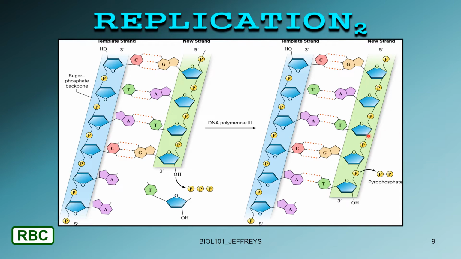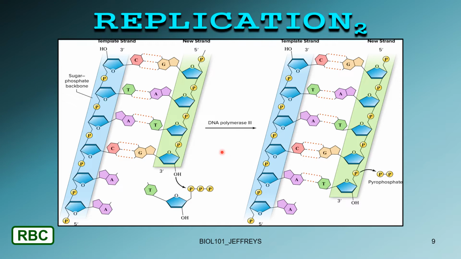And so we see the sugar phosphate backbone of one side here, and DNA is coming in. We don't see the DNA polymerase here, but it happens to be polymerase 3. There's a polymerase 1, a polymerase 2, and a polymerase 3, and I'm not concerned that you can differentiate between the three, but if you're reading your text and you run across polymerase 3, and you're thinking, what the heck is the difference?